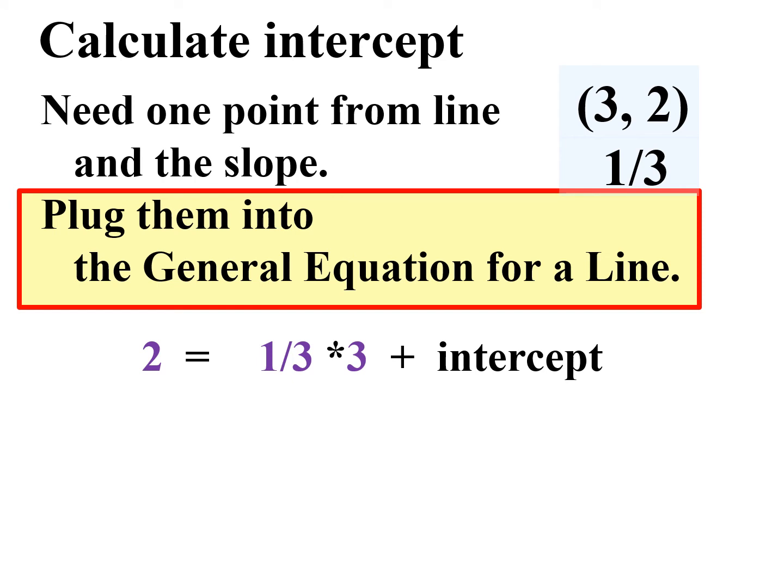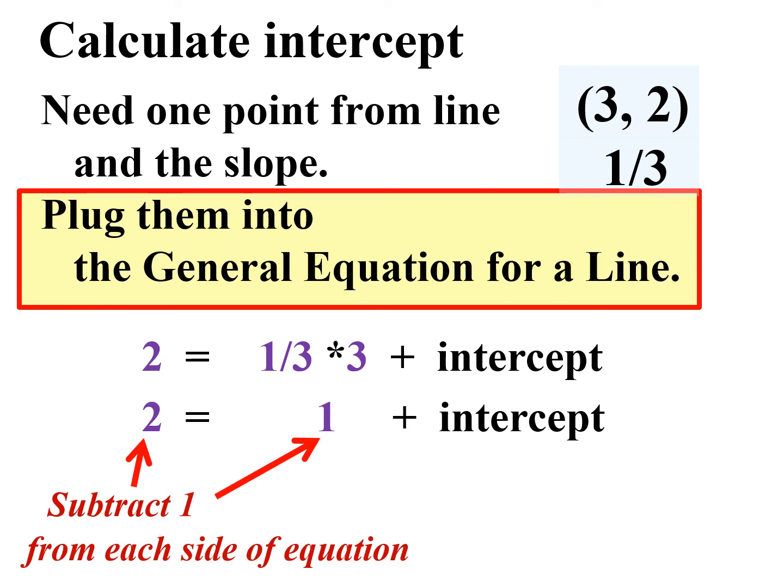So now we do some algebra to find out what that intercept would be. The first step is to multiply 1/3 times 3. When we do that, that's equal to 1. So here we have 2 is equal to 1 plus the intercept.